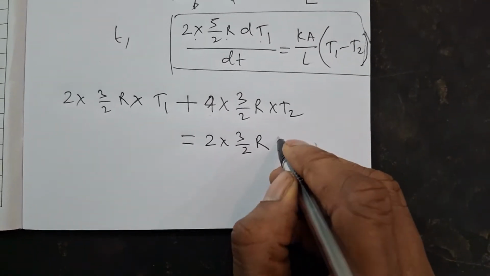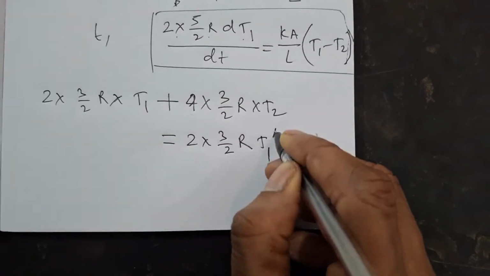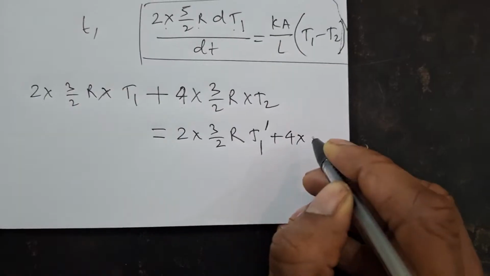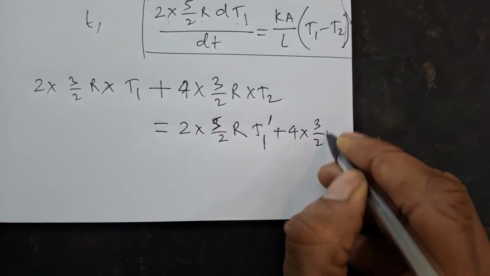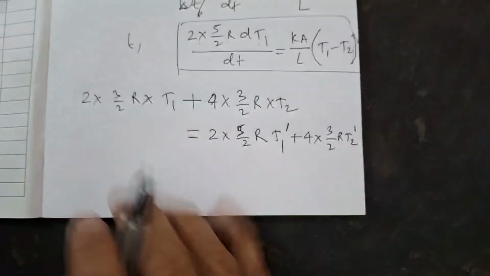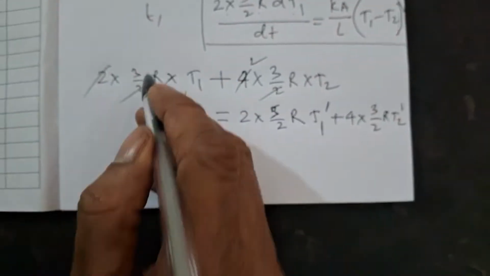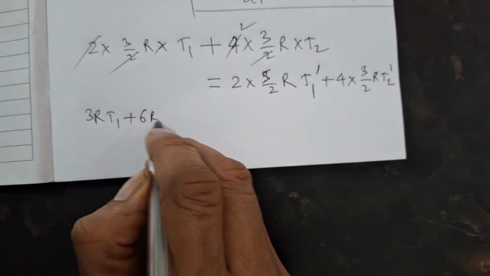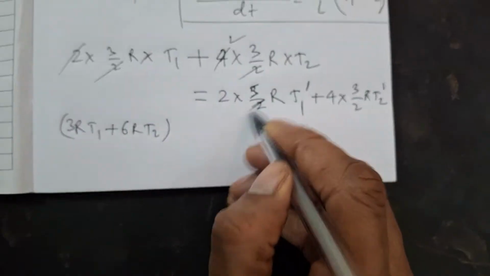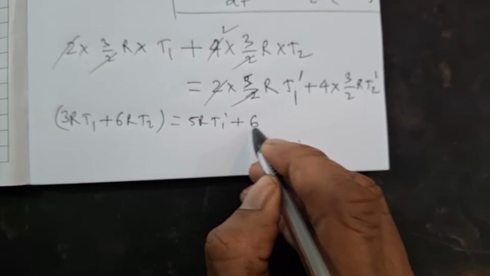Suppose this is T1 prime and this is T2 prime. So you get two equations. If you solve, you will get 3RT1 plus 6RT2, and these two get cancelled, 5RT1 prime and 6RT2 prime. This is the equation.